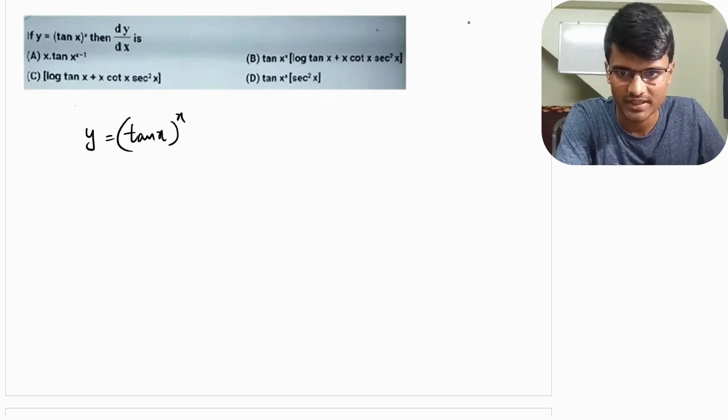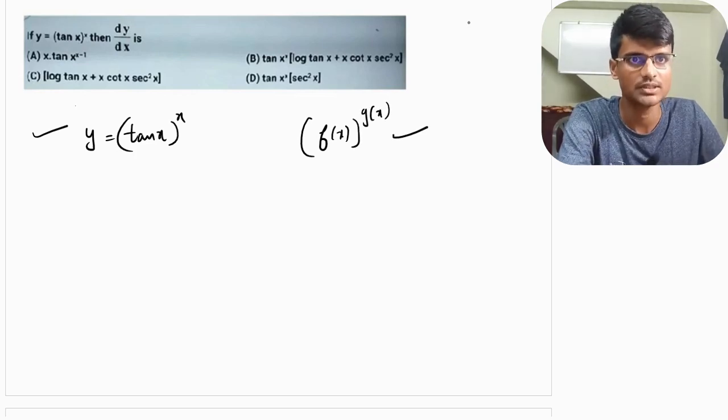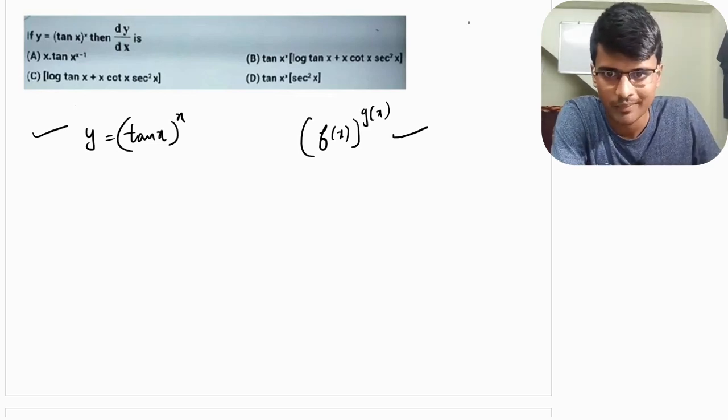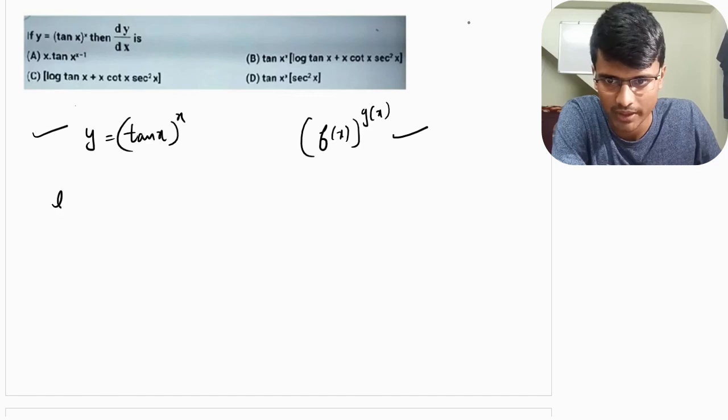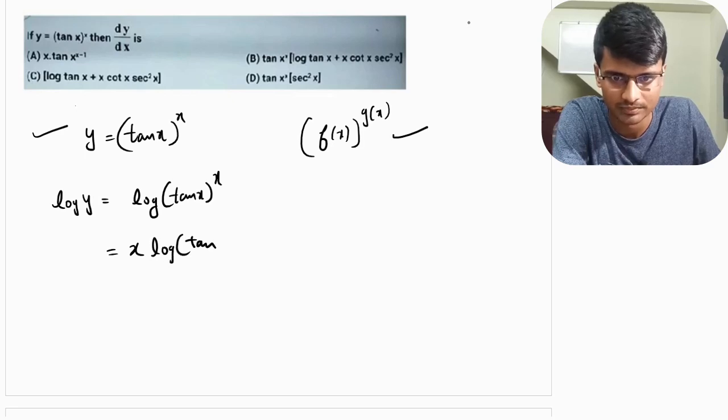When you have these kinds of functions, where it is f of x whole power g of x, you need to use the logarithmic rule. So we'll apply log on both the sides. What do we get? Log y equals log of tan x whole power x. Using the laws of logarithm, this is nothing but x log of tan x.